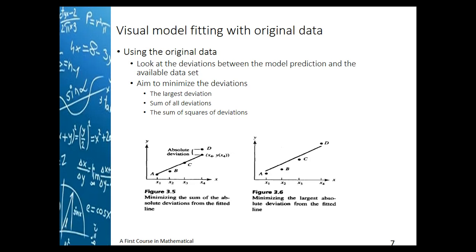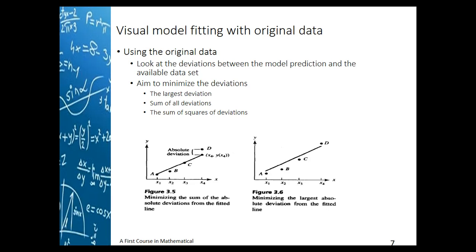Okay, so which one is the right one? We have A, B, C, D. Which one is the right way to move forward? For example, are you going to choose figure 3.5 or are you going to choose figure 3.6?